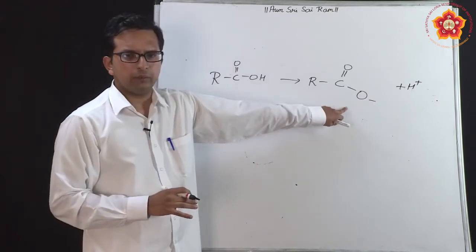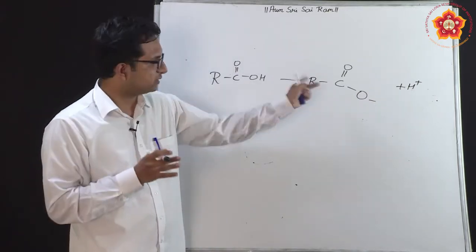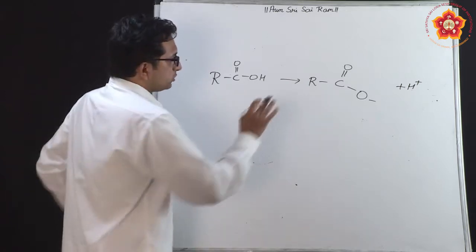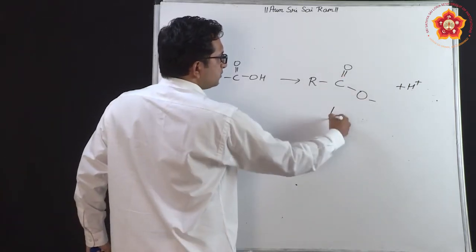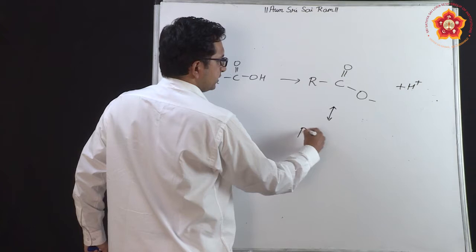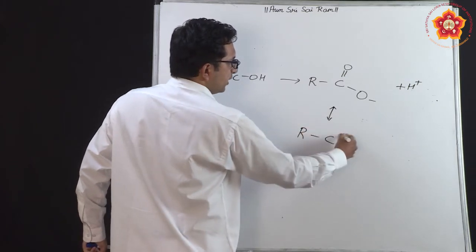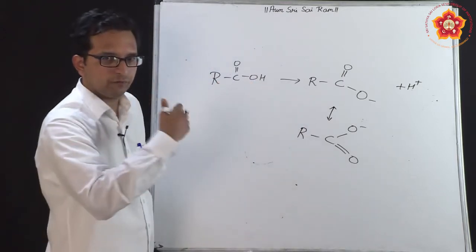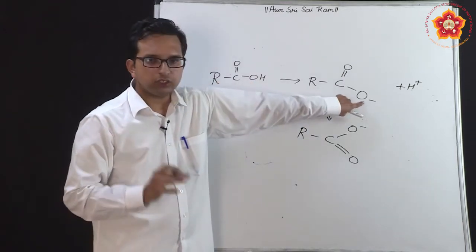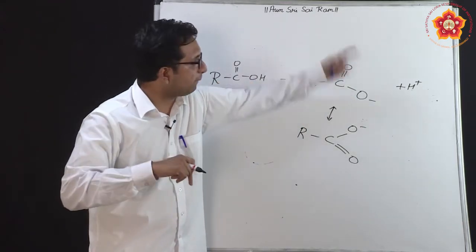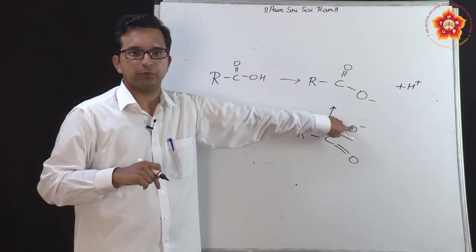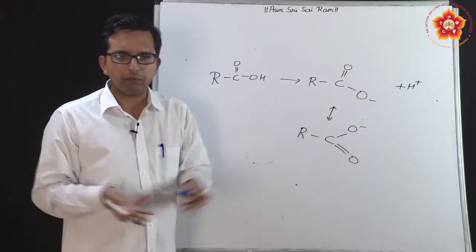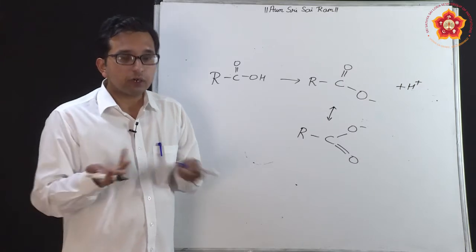Now, this RCOO minus will not stay in this state only, because oxygen atoms are attached to this carbon, and therefore there can be a shifting of charge, where the negative charge on one oxygen can be shifted to the other oxygen, because both of them are the same. This is what we call resonance.